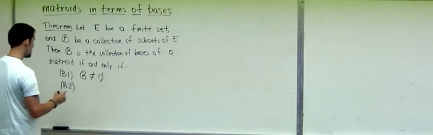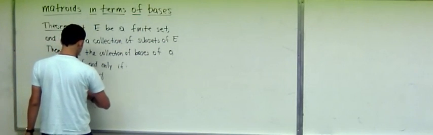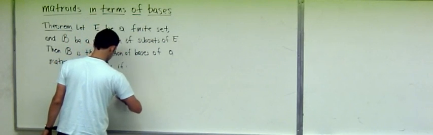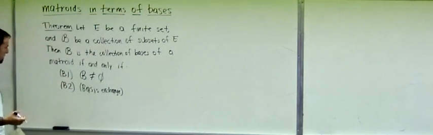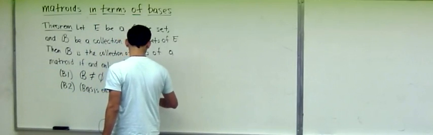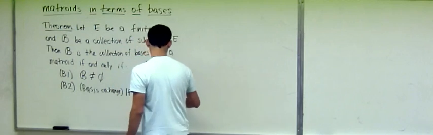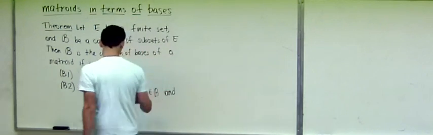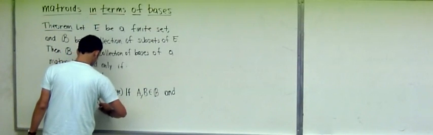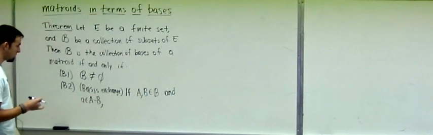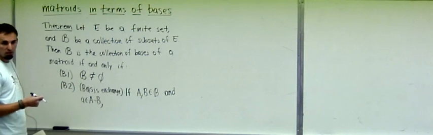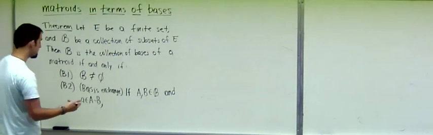And the second condition, which is called the basis exchange axiom, is going to be similar to the independence exchange axiom. It says if you have two bases, A and B, and an element which is in A but not in B, then basically you can swap the element a with an element from B and still get a basis.